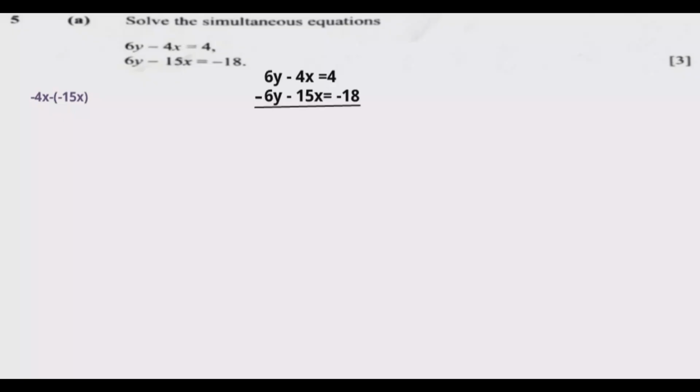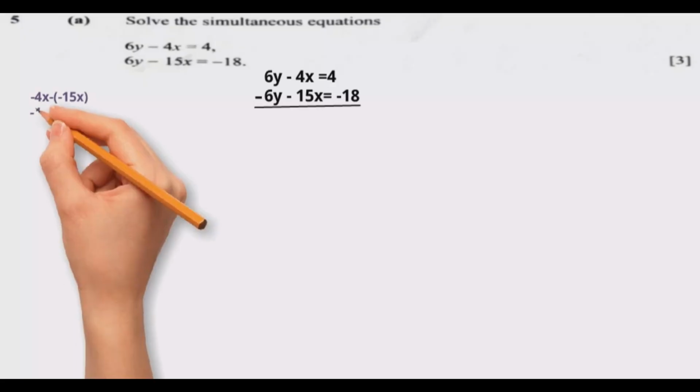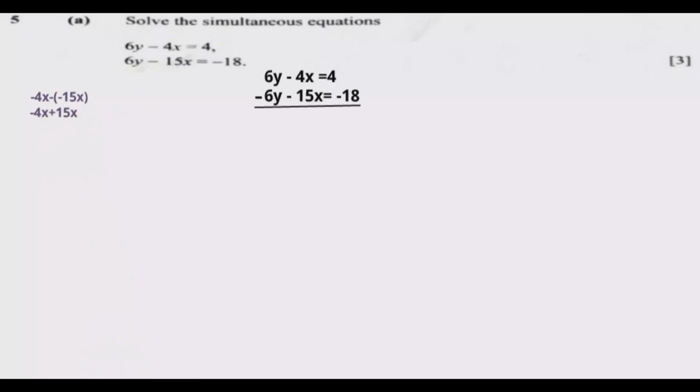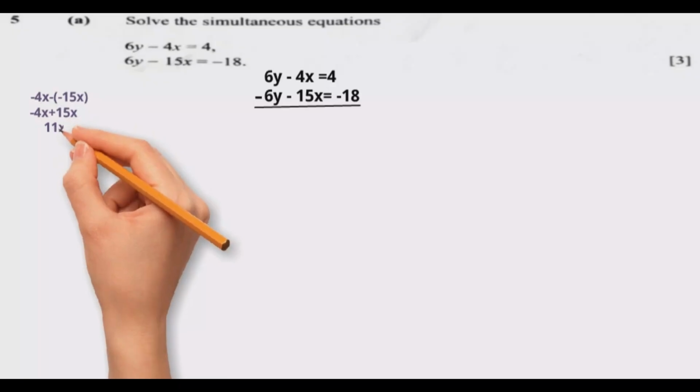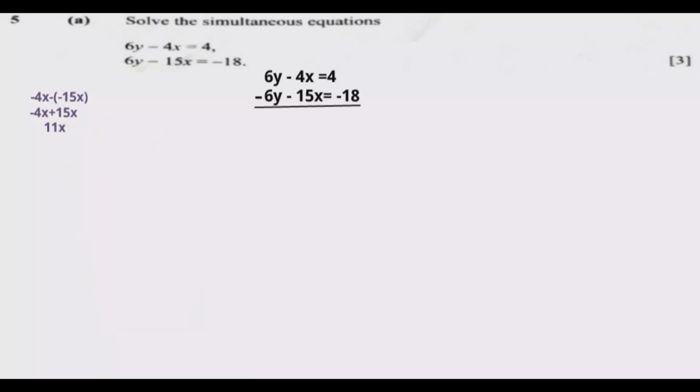The negative signs are following each other, which means negative times negative will give us positive. So our expression will be negative 4x plus 15x. Then negative 4x plus 15x will give us 11x, because 15 is bigger than 4 and the sign of 15 is positive, so we maintain the positive.